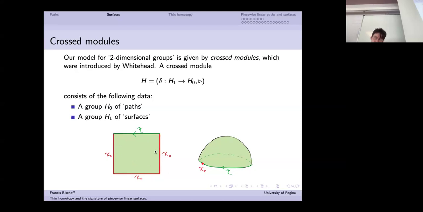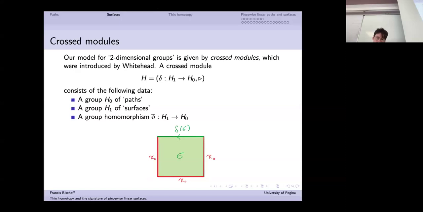And the reason that you want to do this is that surfaces like this can form a group because you can concatenate them horizontally. You can stack two of these horizontally because on the horizontal edges on the two sides are just constant, and so two of those will always agree. Two of these surfaces. So you imagine that you have a horizontal concatenation, and this gives you a group H1.